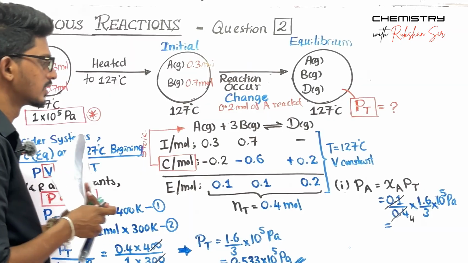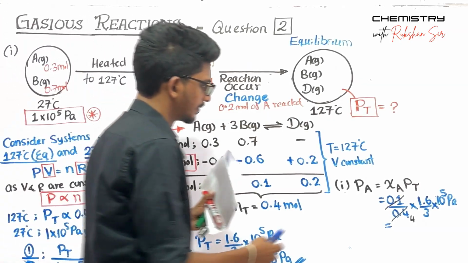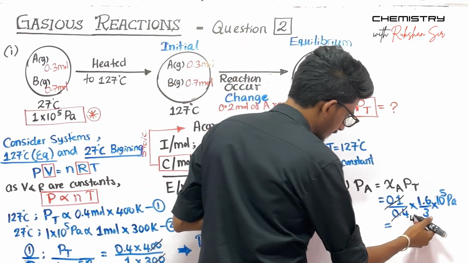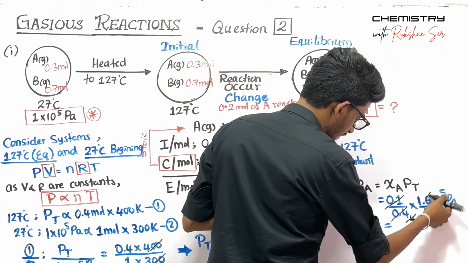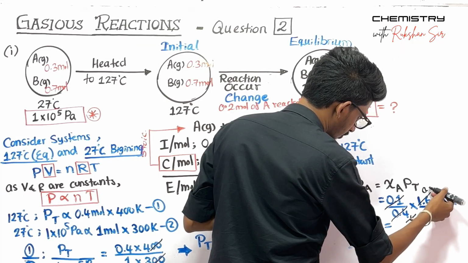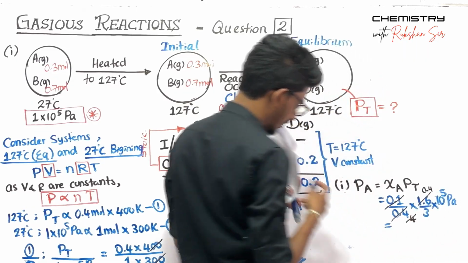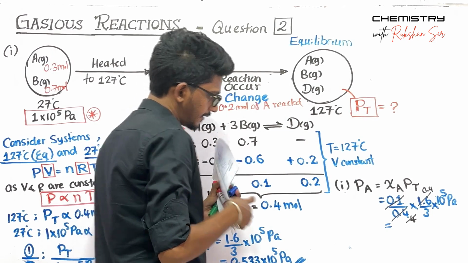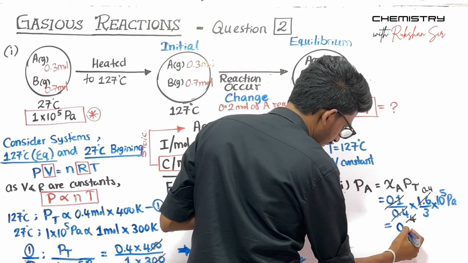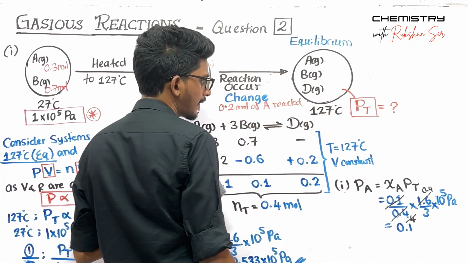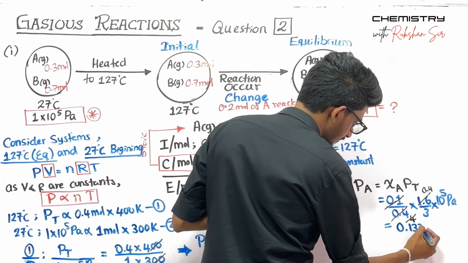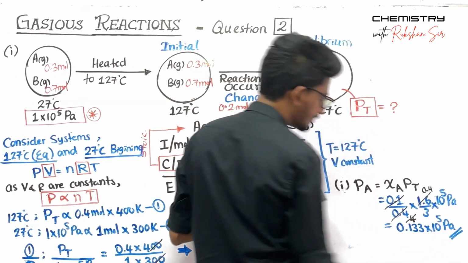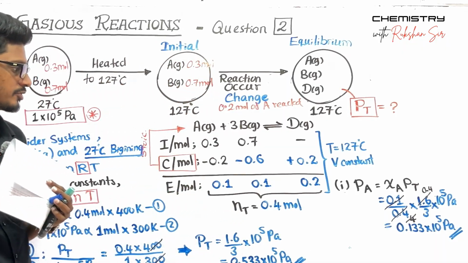So 1.6 over 4 is just 0.4, divided by 3 is going to be 0.133. That's the partial pressure of A.